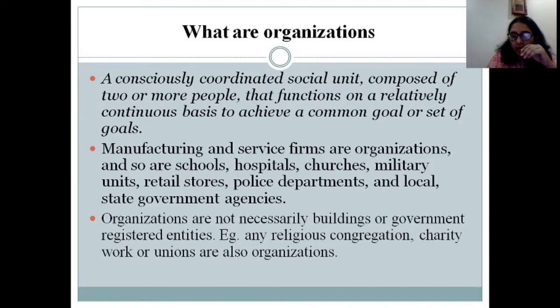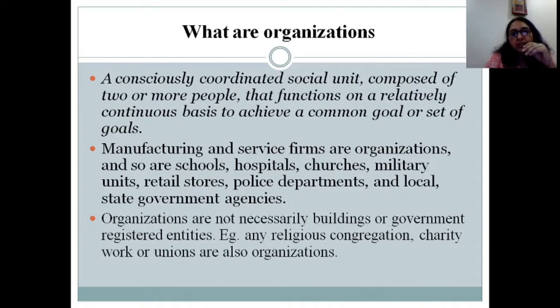Now, before we understand what is organizational behavior, let us first understand what is an organization. As you can see on the slide, an organization is a consciously coordinated social unit composed of two or more people that function on a relatively continuous basis to achieve a common goal or set of goals.